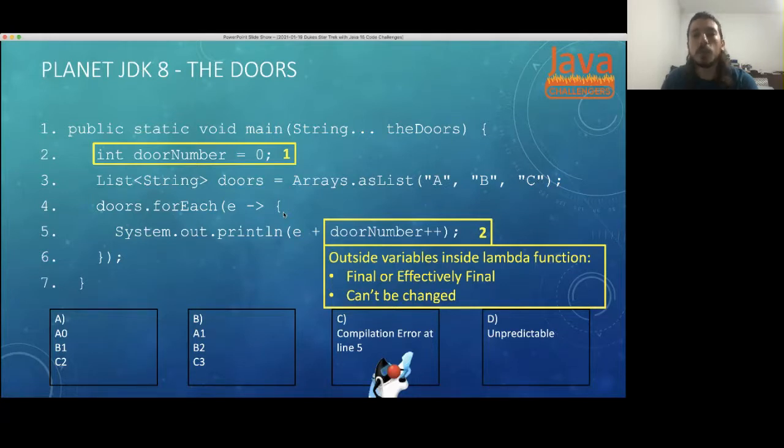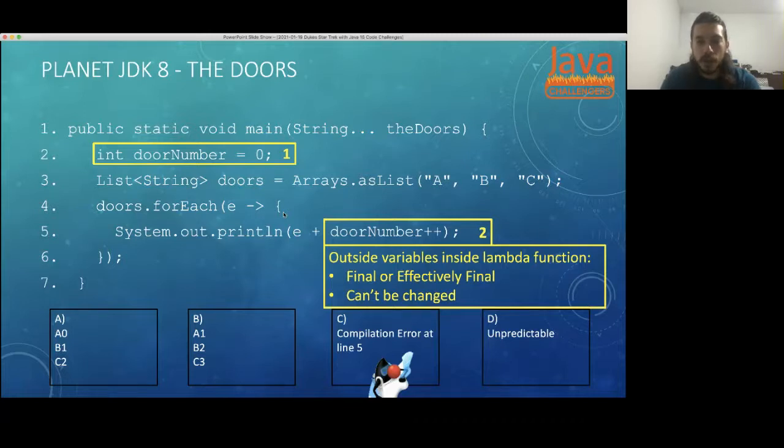The code would compile. So effectively final variables are variables that we created but didn't change. Any effectively final variable could be used inside the lambda operation, and if we had created our variable with the final keyword, we would be able to use this variable correctly inside the lambda as well.